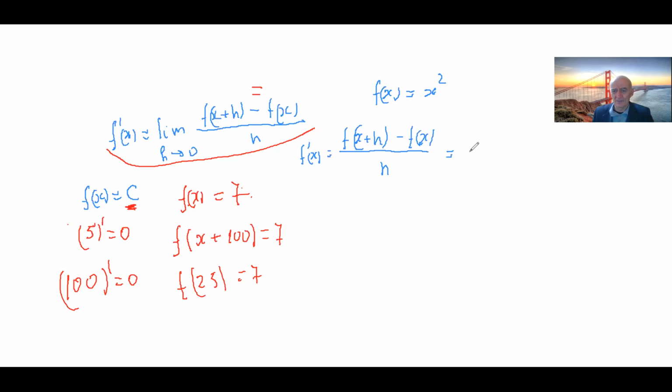Now please help me to find this derivative. In the numerator, oh, I missed the limit here. In the numerator, we have h approaching 0, f(x plus h). What is going to be here?